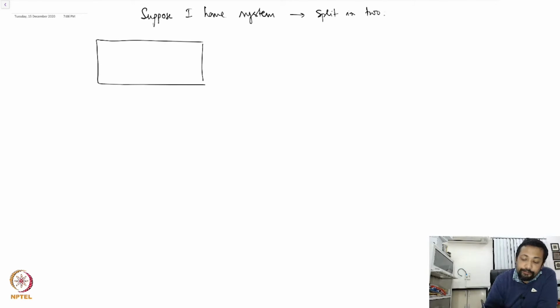So suppose I have a system. Now this system I can split in two parts. In one of the parts, the coordinate is ψ, and in the second one the coordinate is x, right?